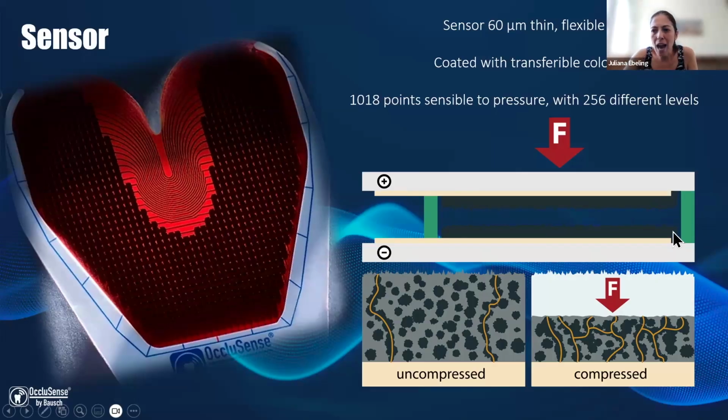What happens is that we have electrons conducting through here, and when we have contact between the teeth, we have contact between these two sheets and electrodes, and then we have electrons going through this way. So by thinking about and understanding how this sensor works, it's easier to understand how to interpret the data that they generate.